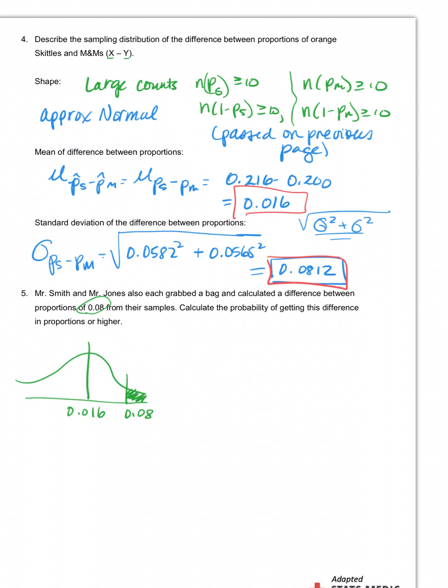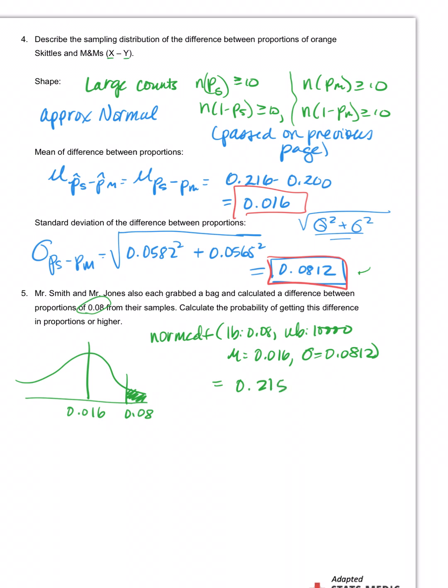So all I'm going to do is put it in my calculator as normalcdf. Lower boundary would be 0.08. Upper boundary would be what, 10,000? The mean would be the mean we calculated up above, so 0.016, and the standard deviation is what we calculated here at 0.0812. When I run it, I get 0.215.